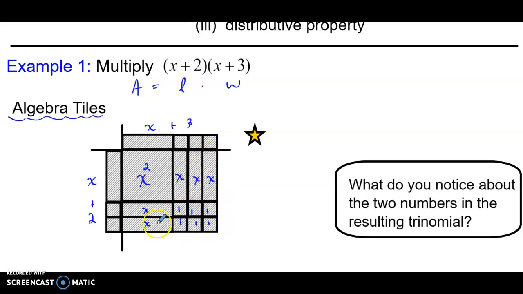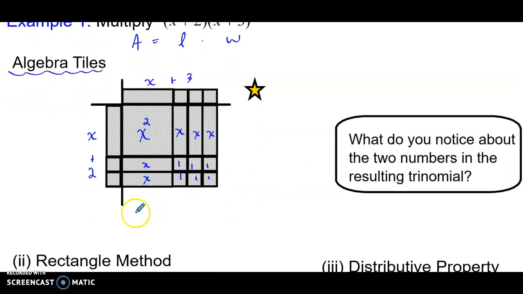And if we look, we've made a rectangle, and I'd like to say no holes, no gaps, no pieces sticking out. It's a perfect rectangle that is exactly x plus 3 units wide and x plus 2 units long. And when I count up what's left underneath this guide bar, I have a 1 x squared, 1, 2, 3, 4, 5 x tiles to add to that collection, and 1, 2, 3, 4, 5, 6 unit tiles.